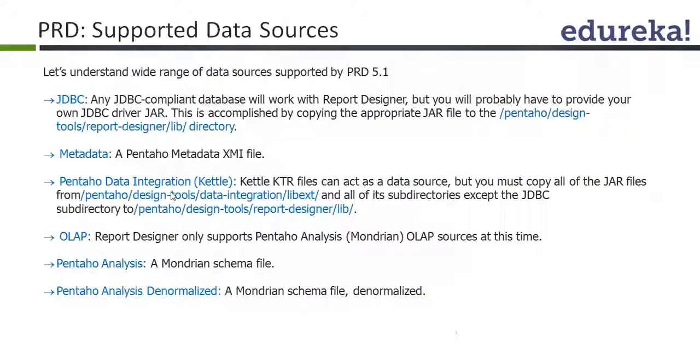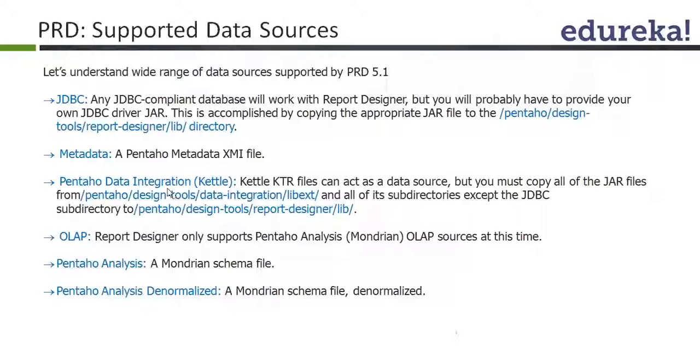Then there is OLAP, multidimensional data source. You have support for OLAP as well, and by default it supports Mondrian. Then Pentaho analysis. This is a Mondrian schema file, so you can feed that Pentaho analysis schema file and it will route the query through that schema file and pull the data.